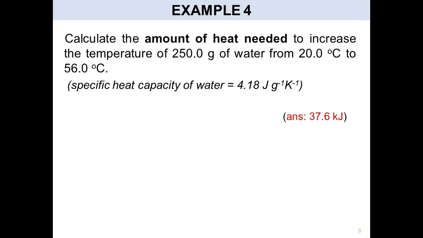Example: calculate the amount of heat needed to increase the temperature of 250 gram of water from 20 degrees Celsius to 56 degrees Celsius. Given the specific heat capacity of water is 4.18 Joule per gram per degree Celsius or per Kelvin. Okay, how to solve the problem?